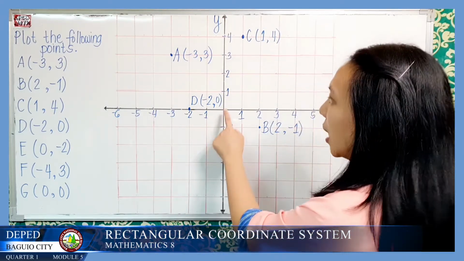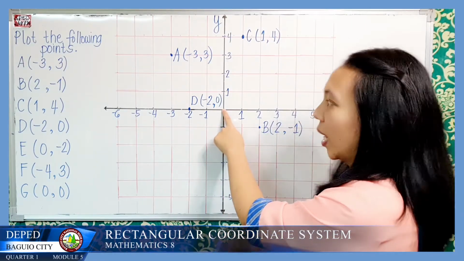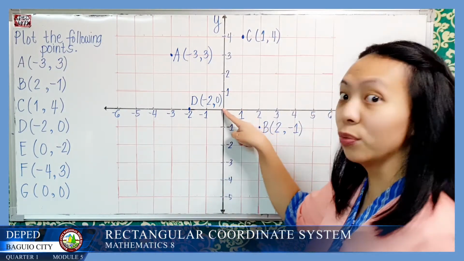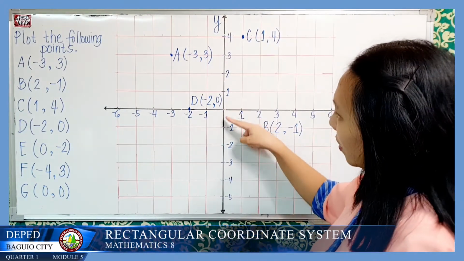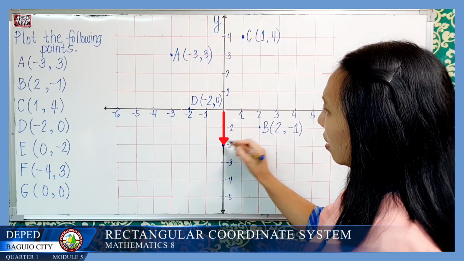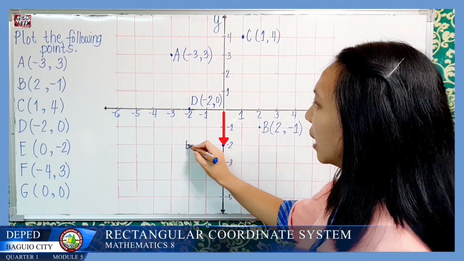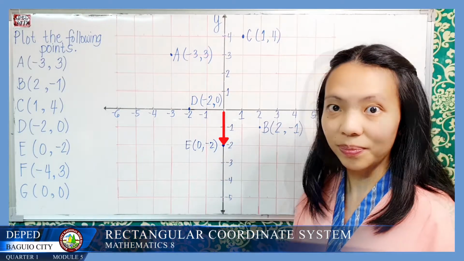We are going to stay here. -2, our ordinate, means we are going to move 2 units down the origin. Here is where point E, 0, -2, is located.